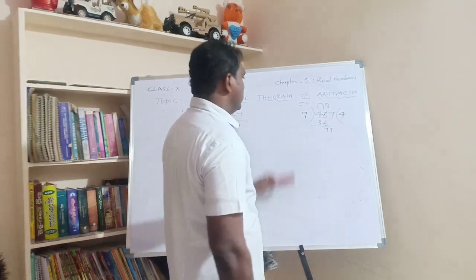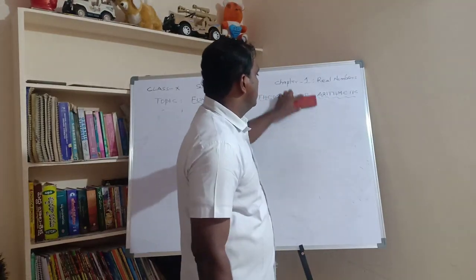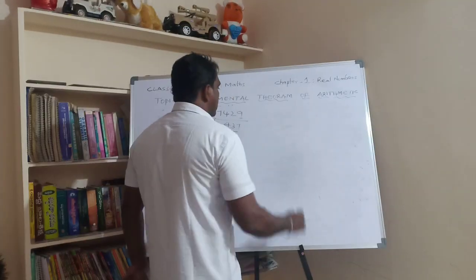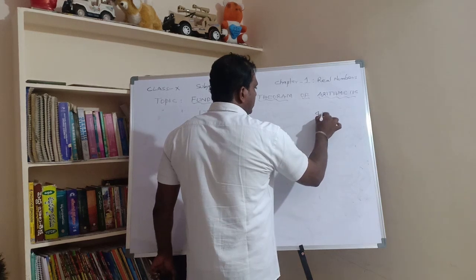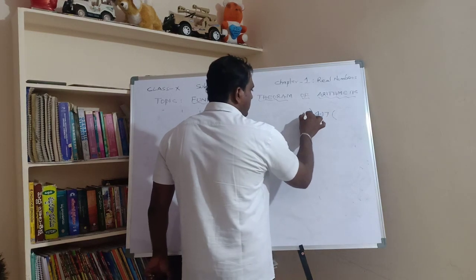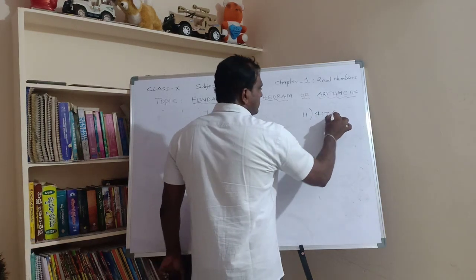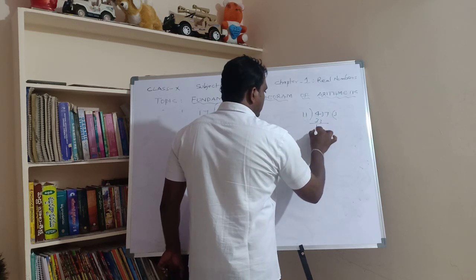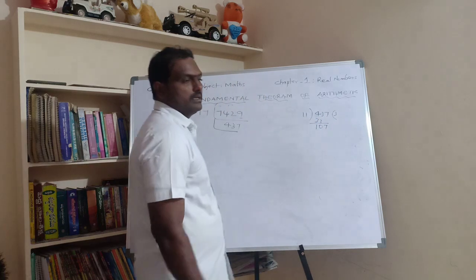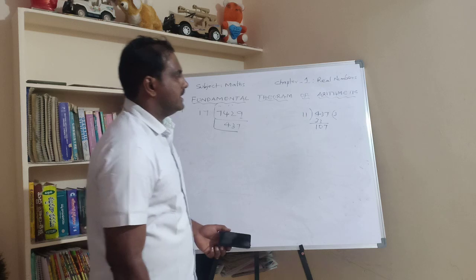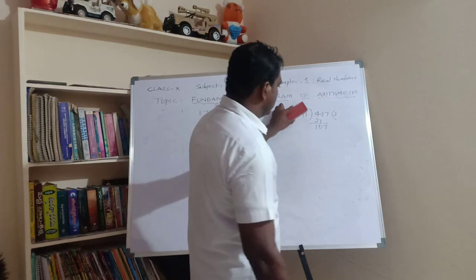This is also not possible. Next check with 11. 437 divided with 11. 11 3s are 33. Remainder is 10. 107. 11 11s are 99. 11 10s are 110. It's also not possible.